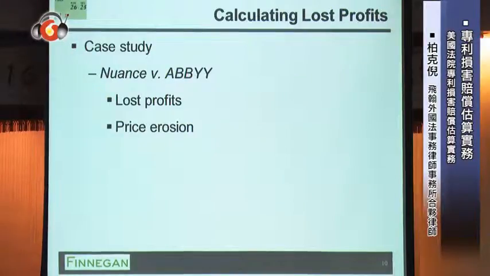Okay, I'm going to take you now through a case study of lost profits in a case that was actually litigated in the Northern District of California in San Francisco not too long ago between an American company called Nuance.